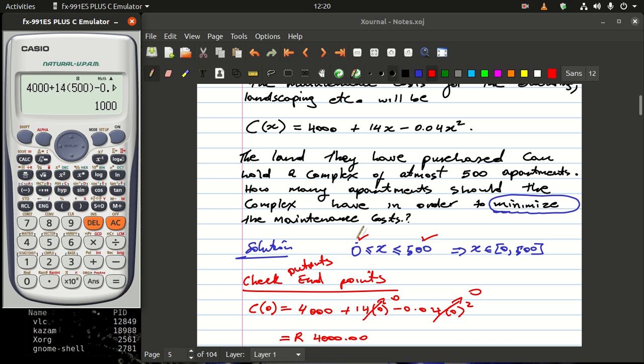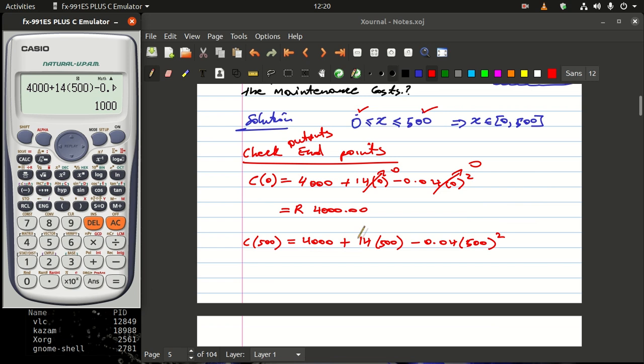So the answer that I'm getting here is going to be 1,000, so I will end up having 1,000 rands. I have 14 times 500, and then 0.04 times 500 squared. So I think that is nice.